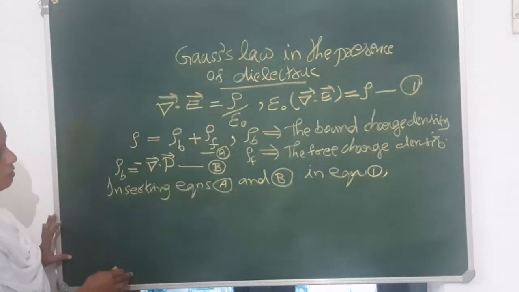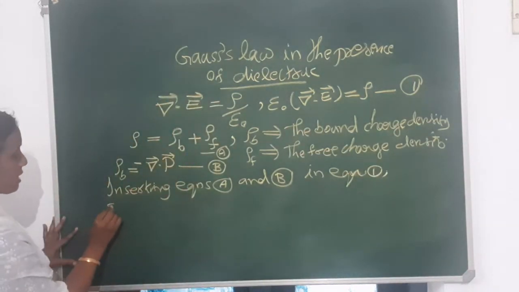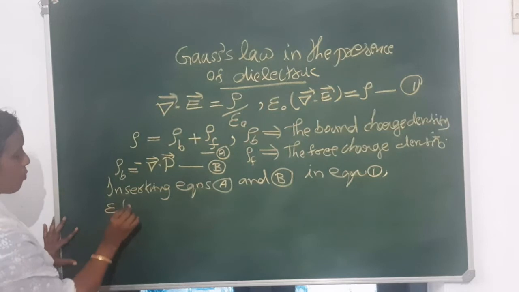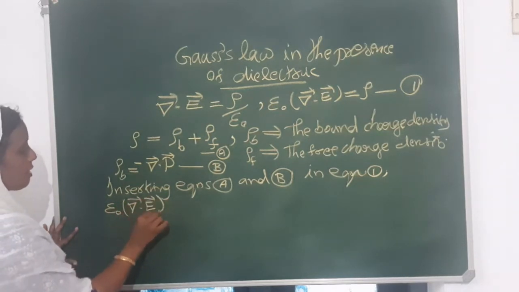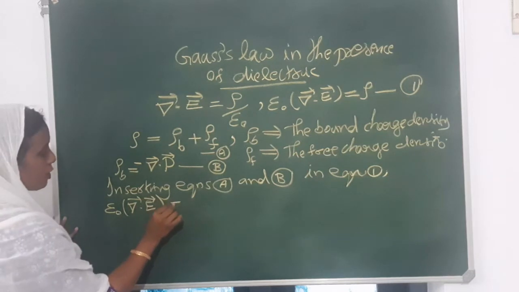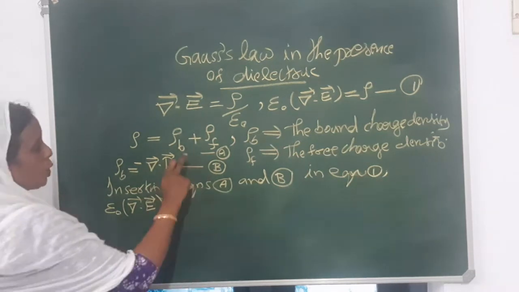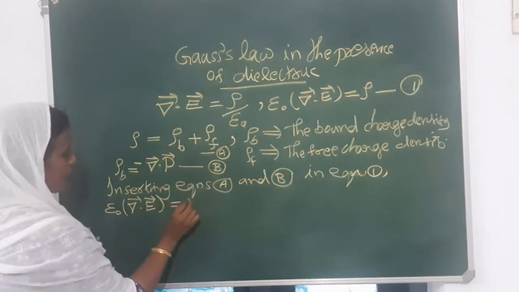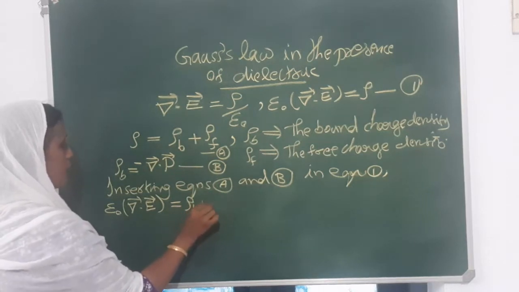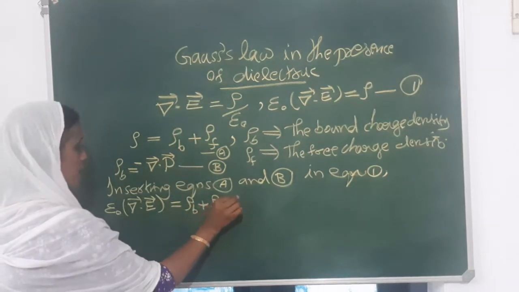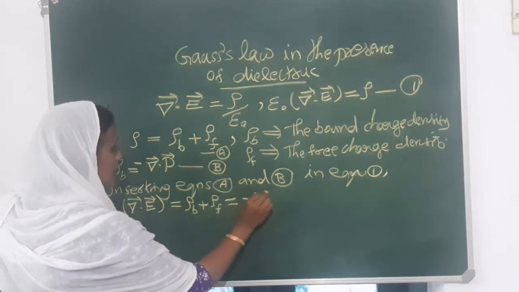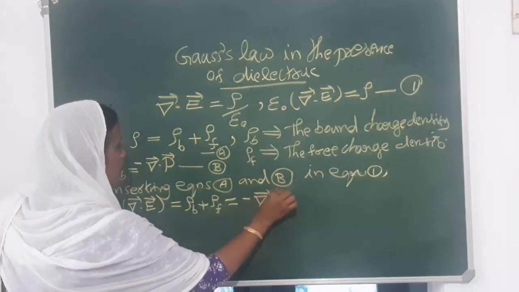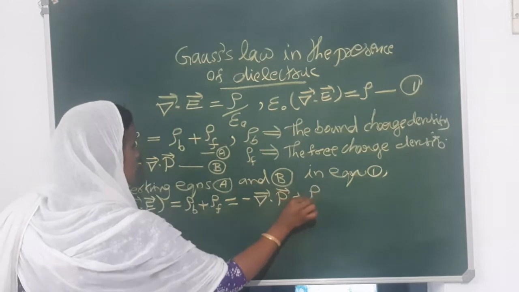What we get then? Then you can see that epsilon 0 del dot E is equal to rho b plus rho f. This is equal to minus del dot P plus rho f.